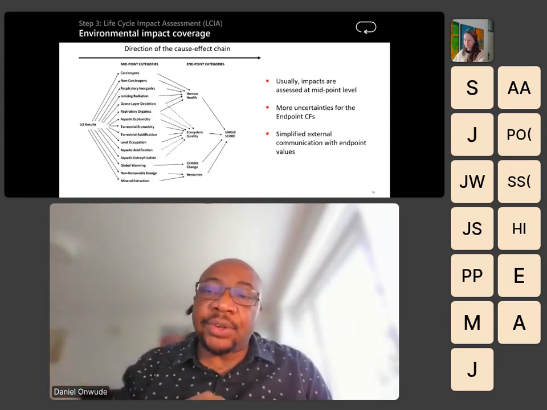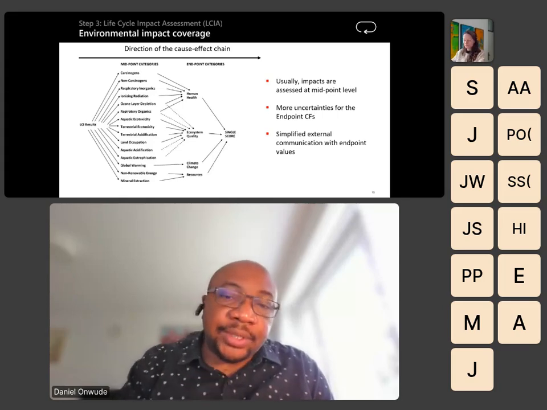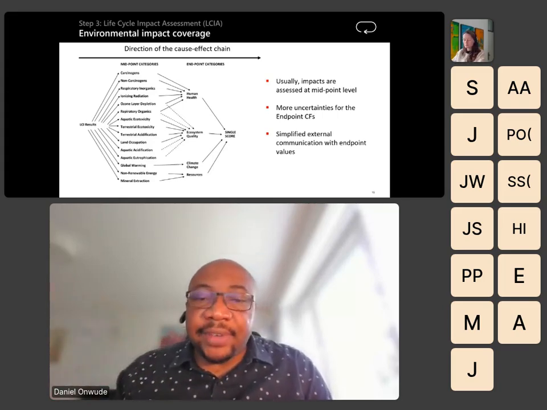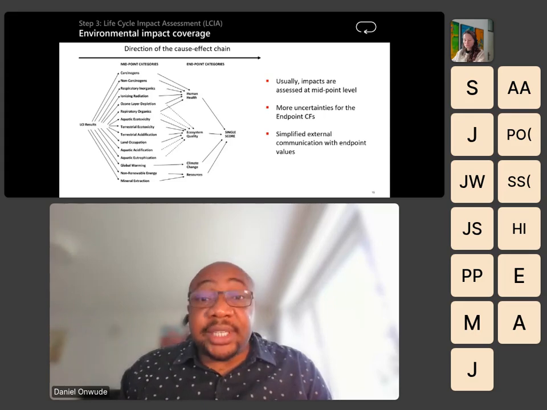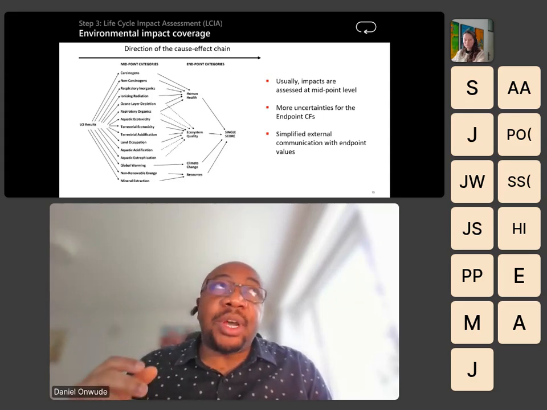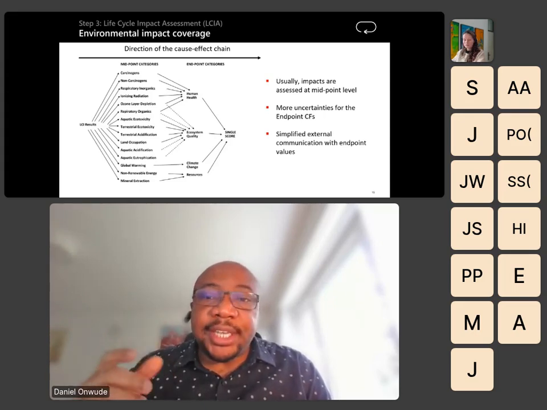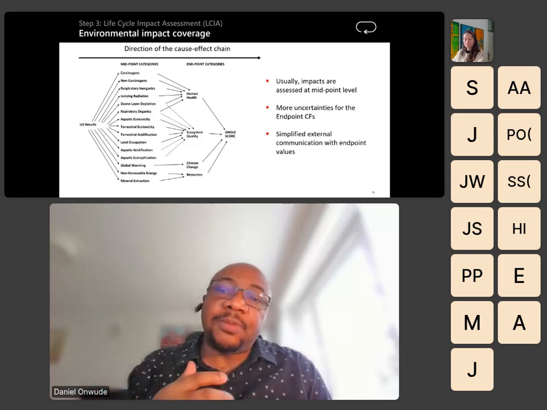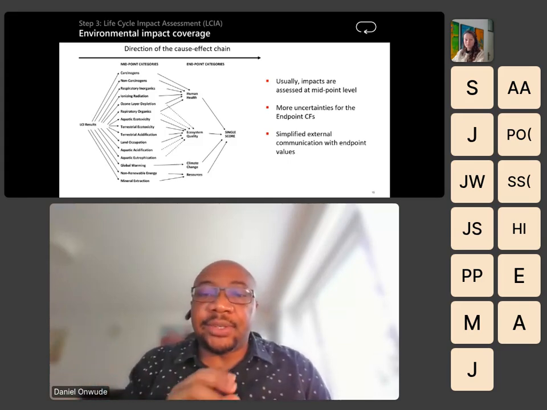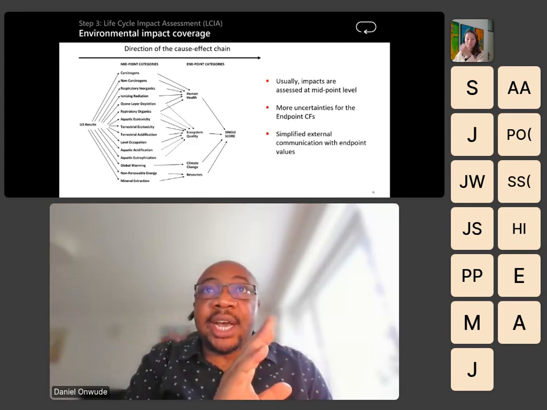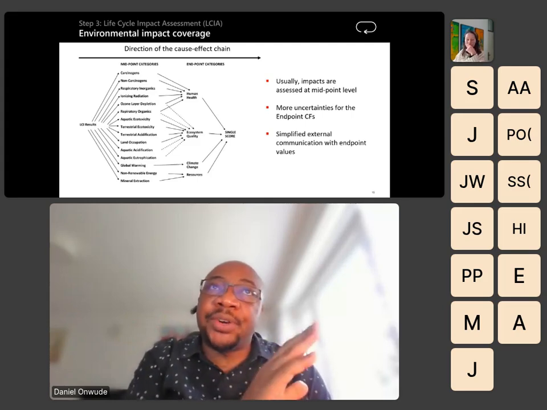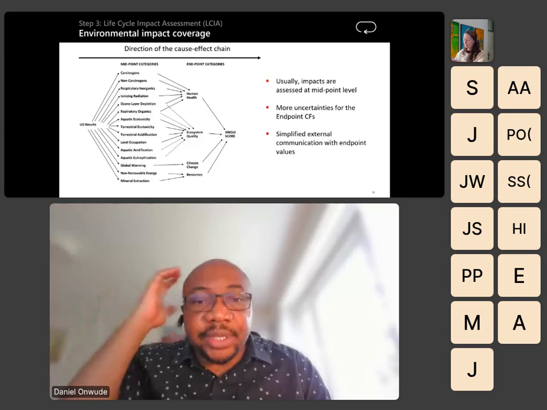Such as the impact on human health, ecosystem quality, and resource availability. These give a more intuitive picture, but come with more uncertainty, right? So that's why it's good that we have these categories: the midpoint categories and then the endpoint categories.